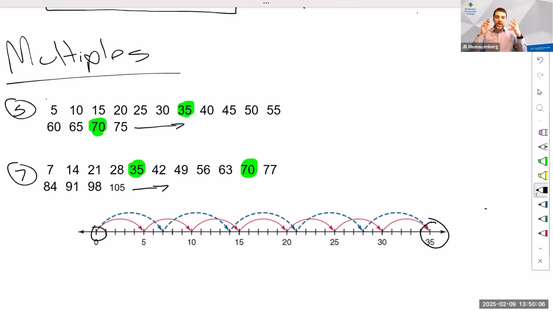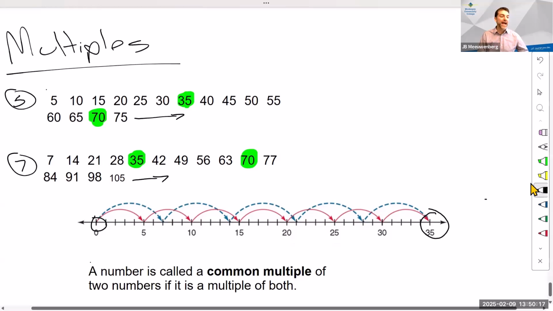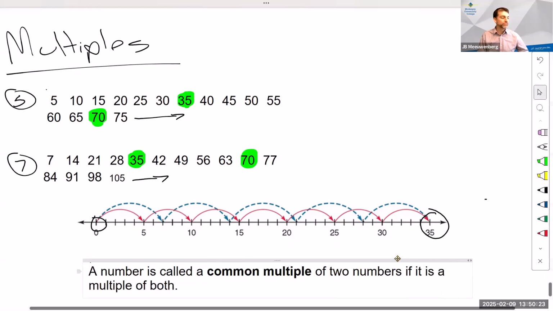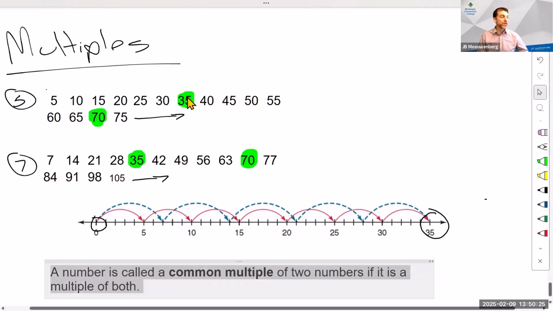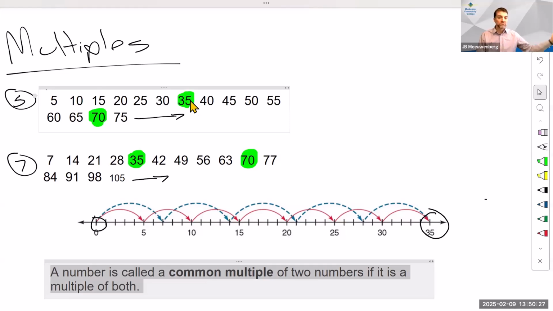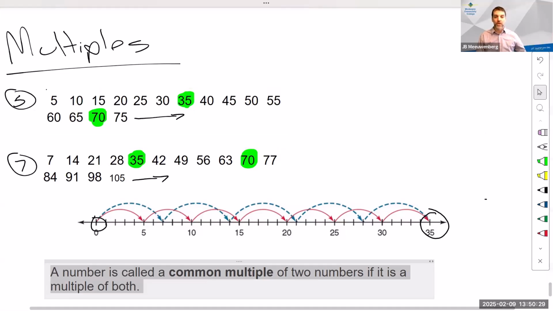And so we say that a number is called a common multiple of two numbers if it is a multiple of both of them, right? That's how we define a common multiple. And so between the numbers 5 and 7, 35 is a common multiple, and so is 70.